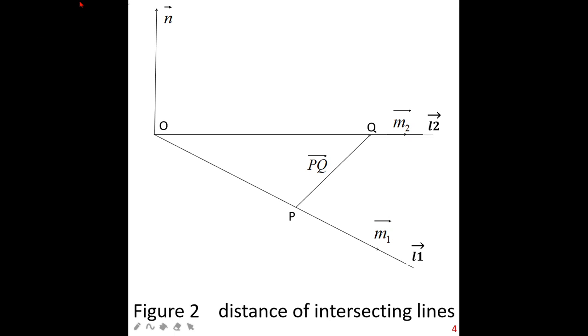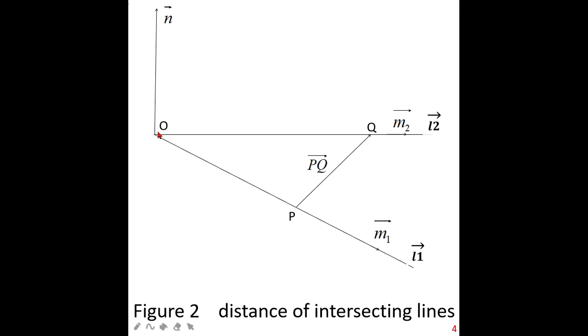Since vector N is the cross product of direction vectors M1 and M2, vector N is perpendicular to vectors M1 and M2, and also perpendicular to lines L1 and L2.